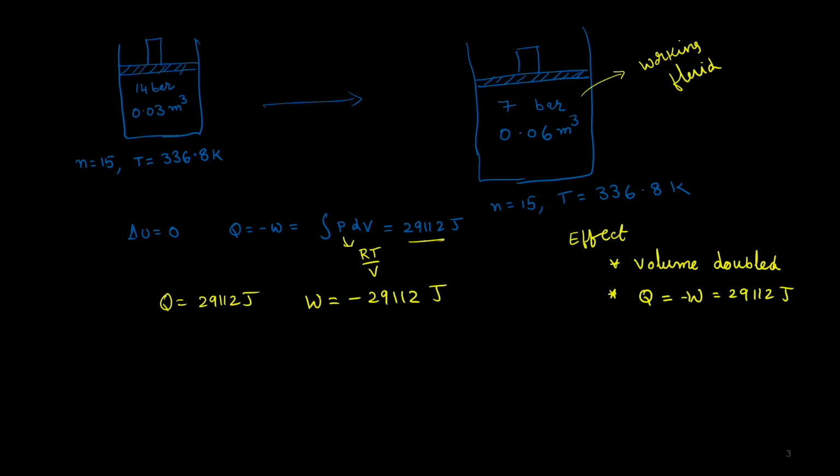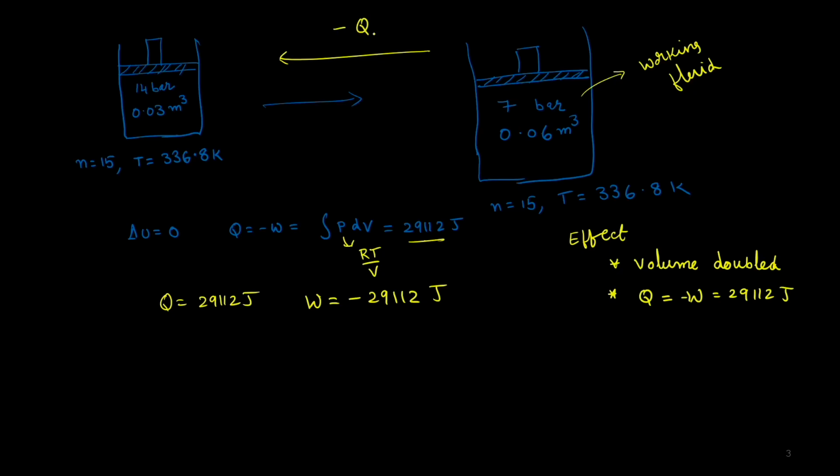Now, the effect is that heat is converted into work, but at the same time, there is also another change wherein the volume of the fluid has doubled. Now, if I were to bring this fluid back to its original state, one of the ways to do it would be to take another isothermal process and extract heat out of the system, right?